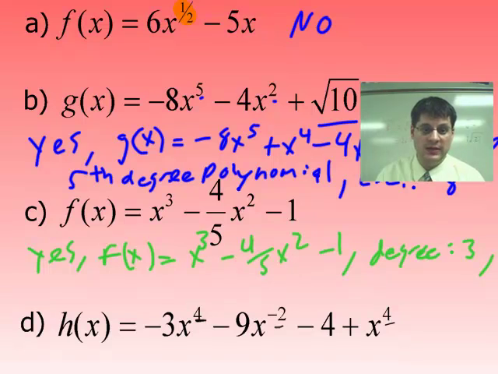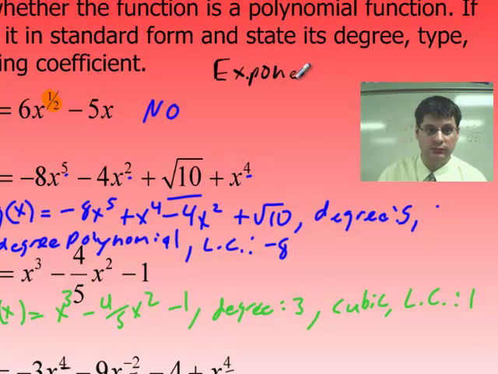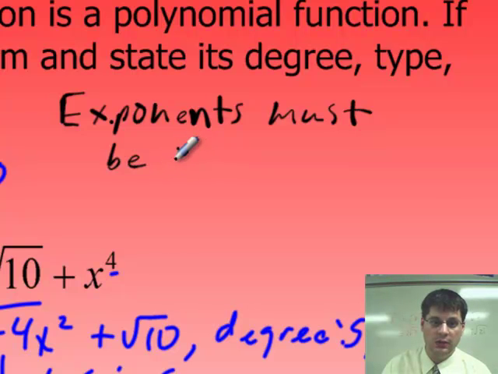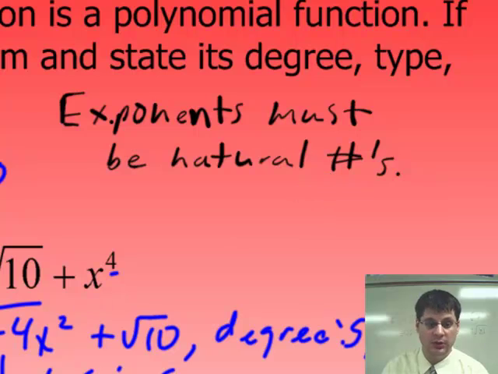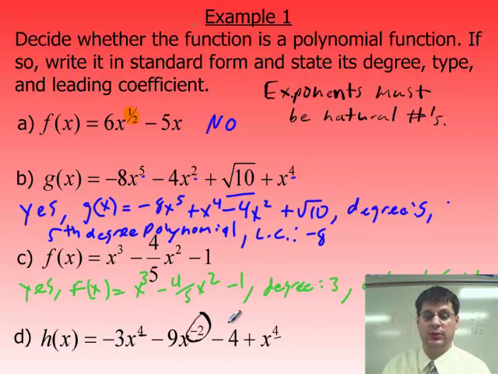But remember that the exponents, and let's make note of this, exponents must be natural numbers in order to be a polynomial. Well, the negative 2 here is not a natural number, so this one would not be a polynomial.